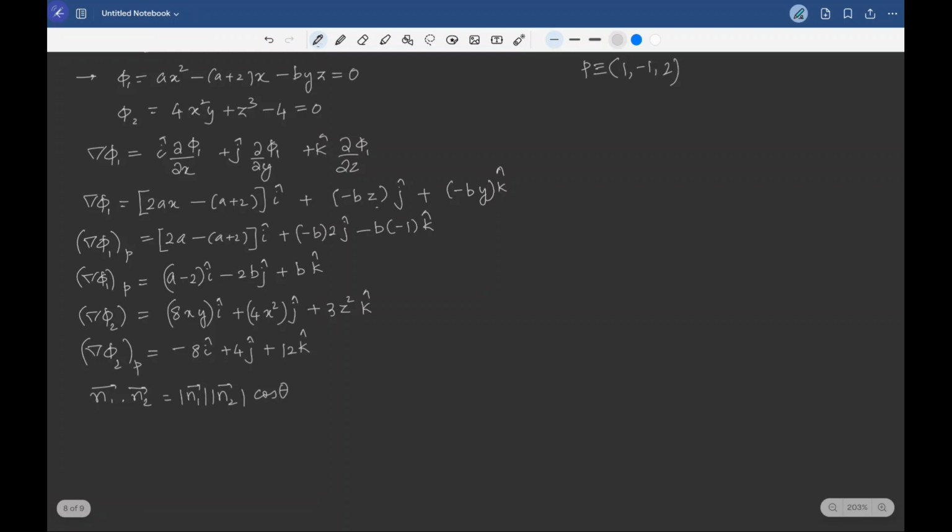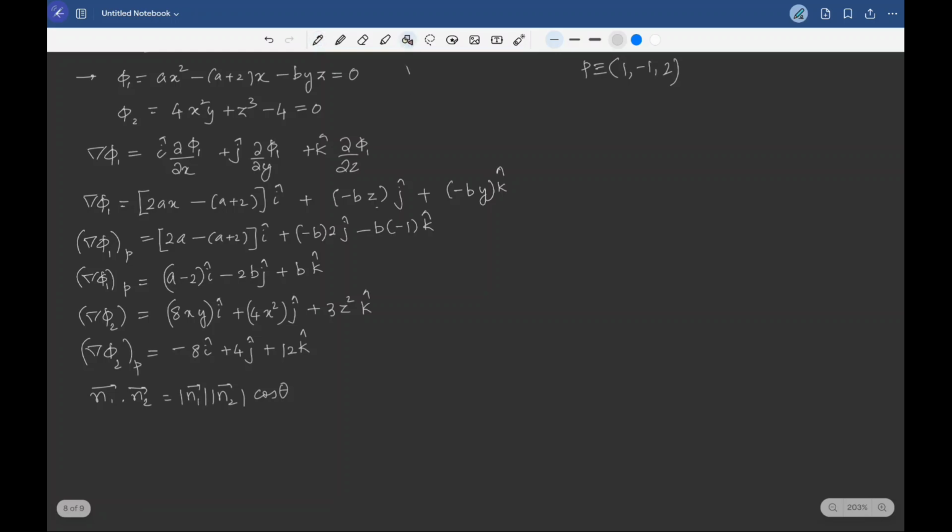When theta is equal to 90, that means when n1 and n2 are orthogonal, cos theta will be 0, so the dot product will be 0. So it is given in the question that del phi 1 dot del phi 2 is 0.